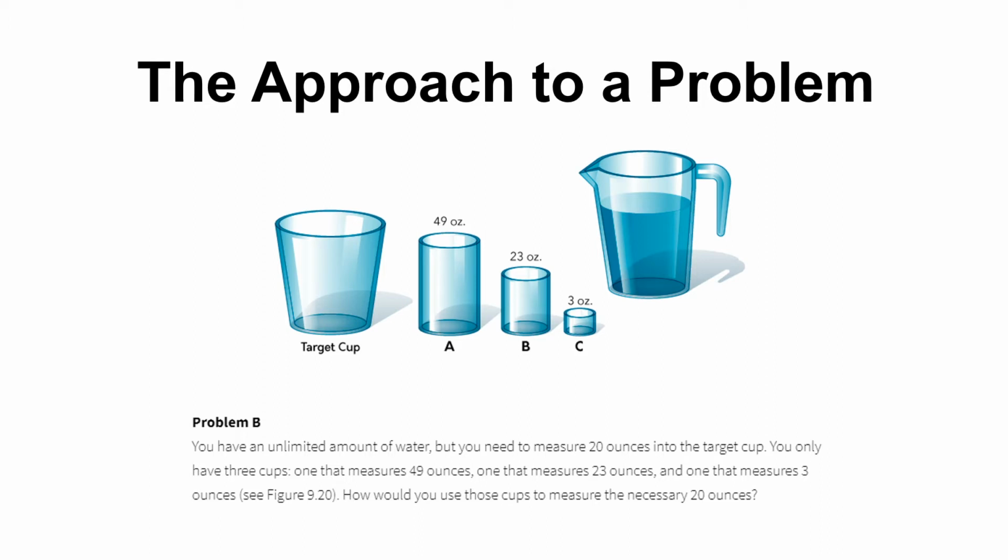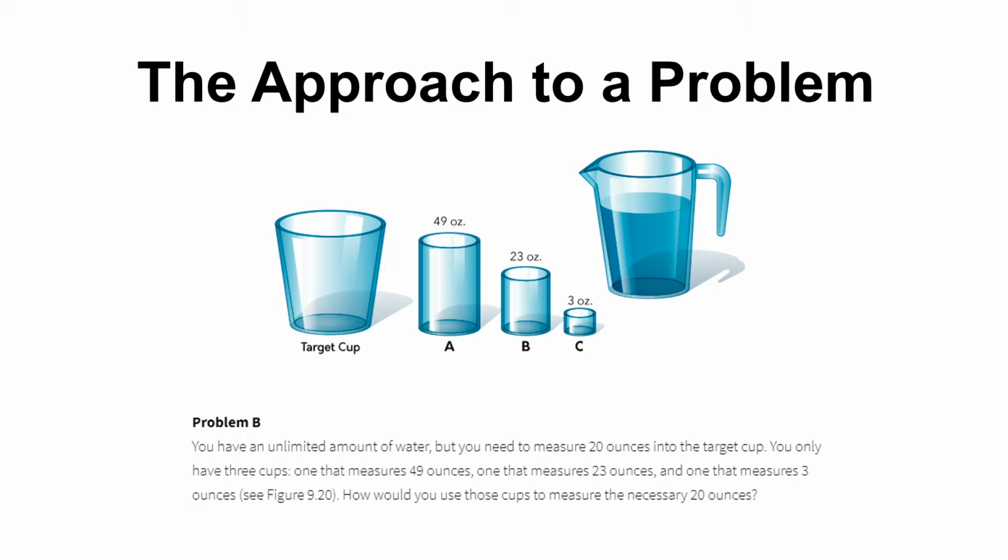Next, we're faced with a different problem. This is problem B, and it's the same kind of setup. It says that we have an unlimited amount of water. This time we need to measure 20 ounces into our target cup. So we have a cup that has 49 ounces, one that is 23 ounces, and one that is 3 ounces.